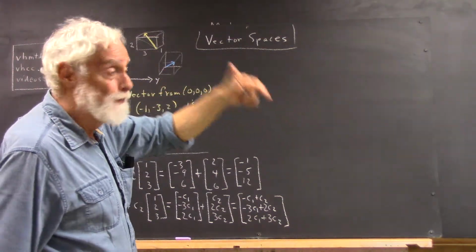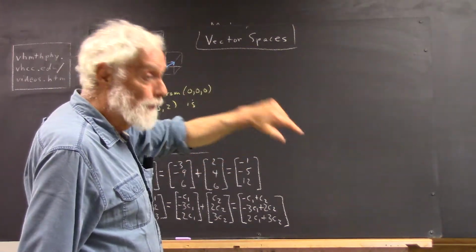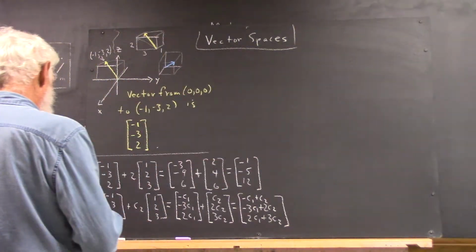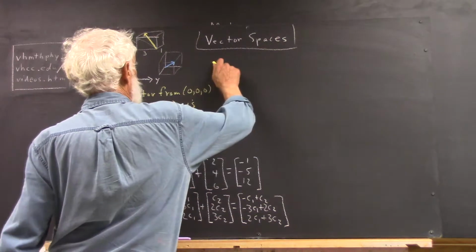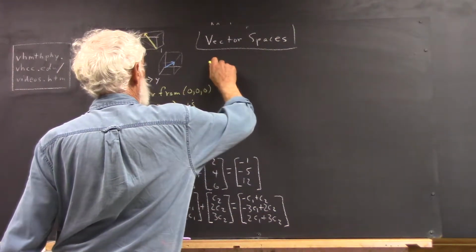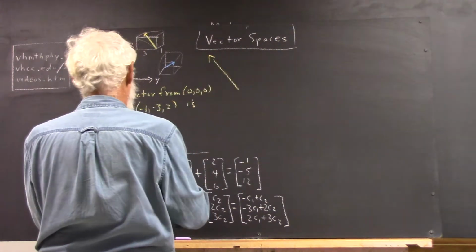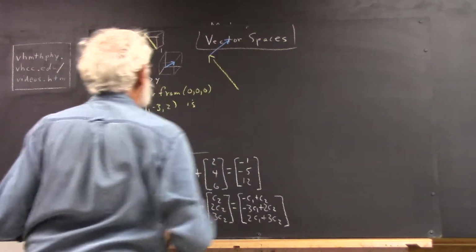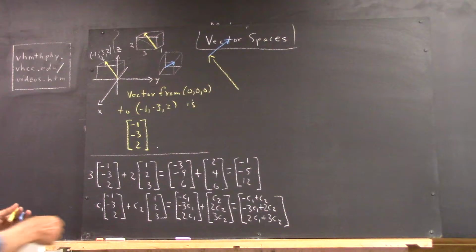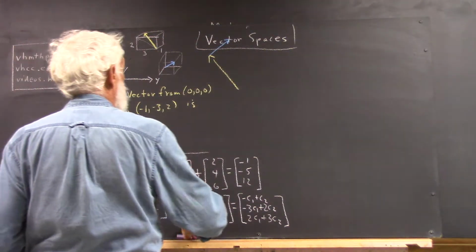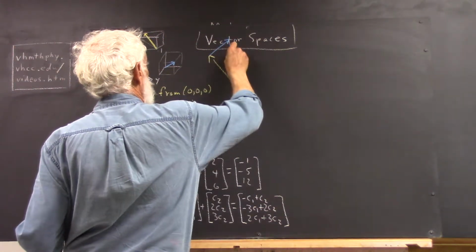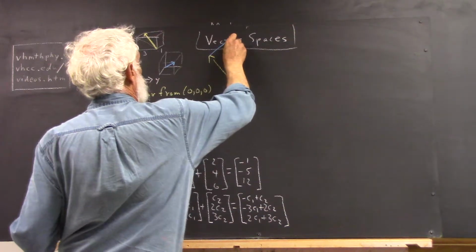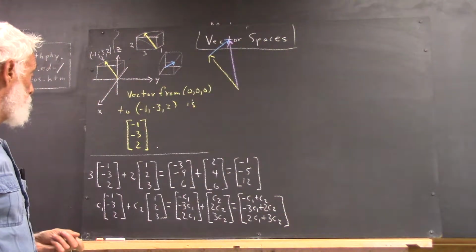Let's use the terminology: the terminal point of the first one being the initial point of the second. And I might have a picture that looked something like this. Okay? And my resultant vector would be this one.